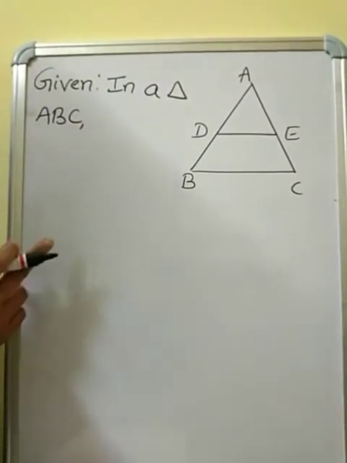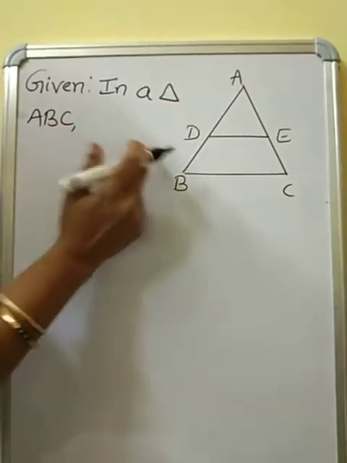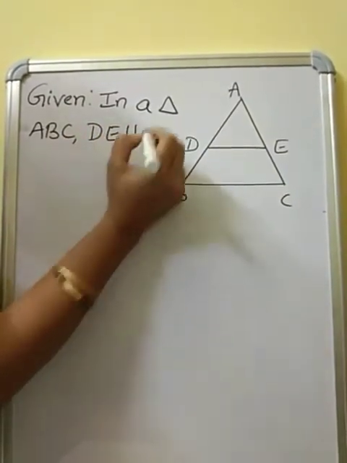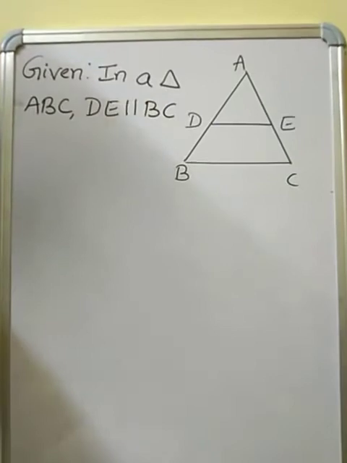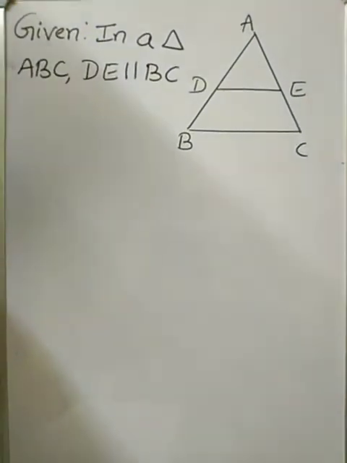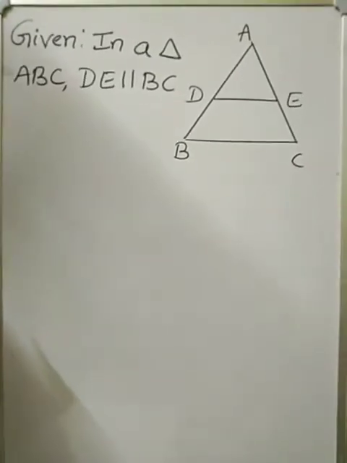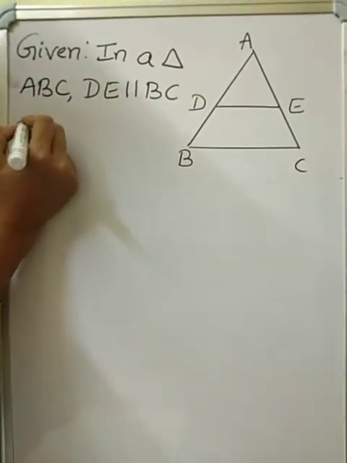So I am going to write, in triangle ABC, DE parallel to BC. Is it right? Okay.